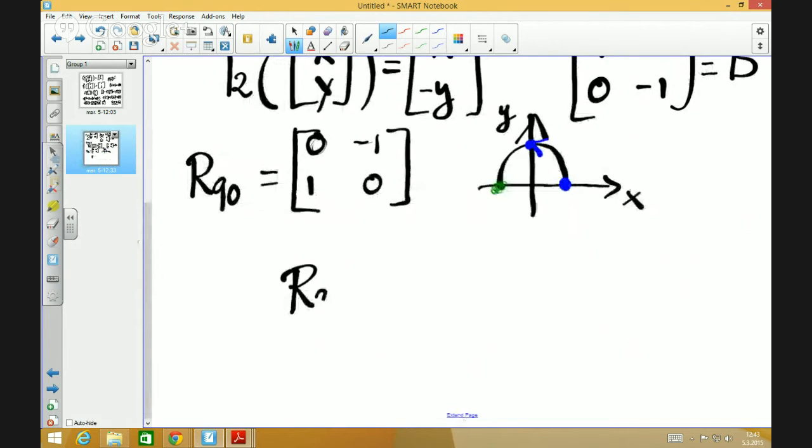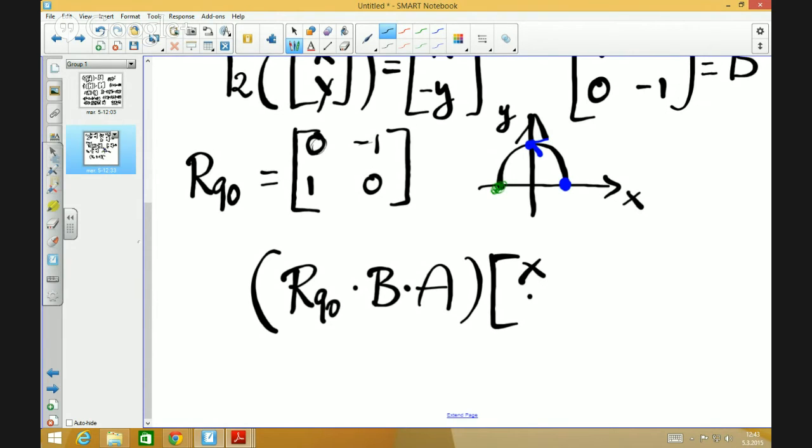So you do R90 times B times A, and this thing is going to be a matrix that maps every point that you care to transform, xy, to where it should go. I encourage you to do this at home and see what happens to points. Do the transformations one after the other and see that this matrix does exactly in one step what the three transformations do when applied in a sequence.